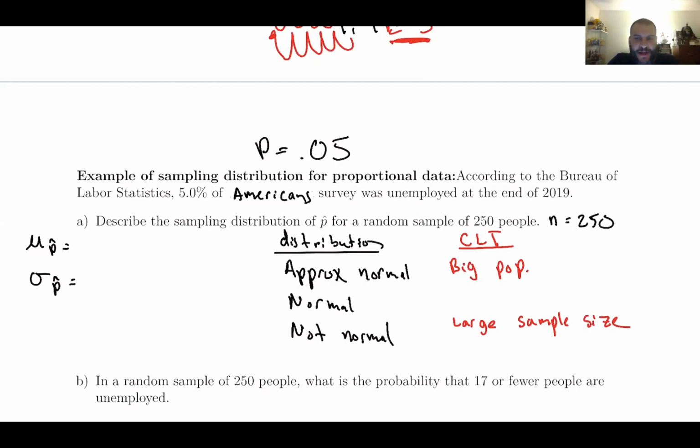Okay. All right, so I'll give you a minute in case you're writing that down. All right. So for this one, what would be my mu of p hat? What should I say mu of p hat is equal to?